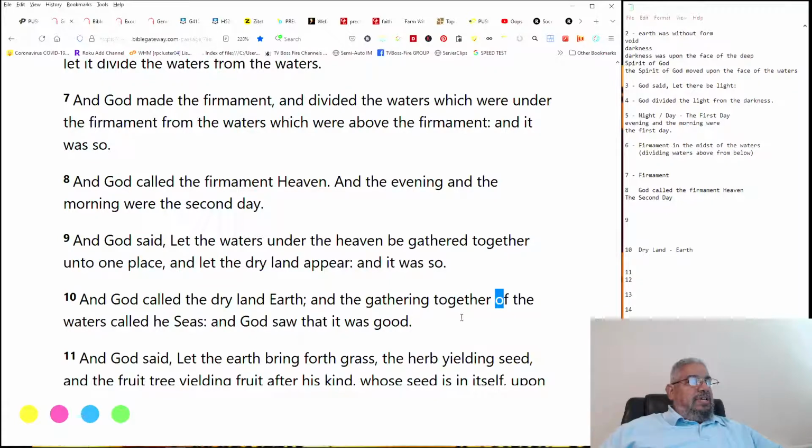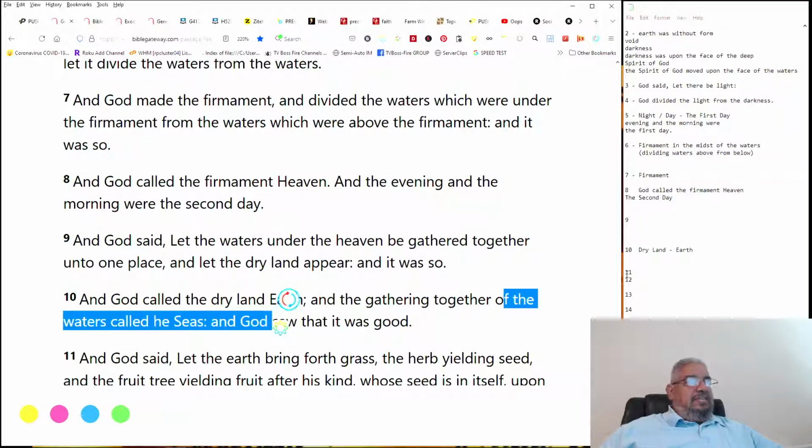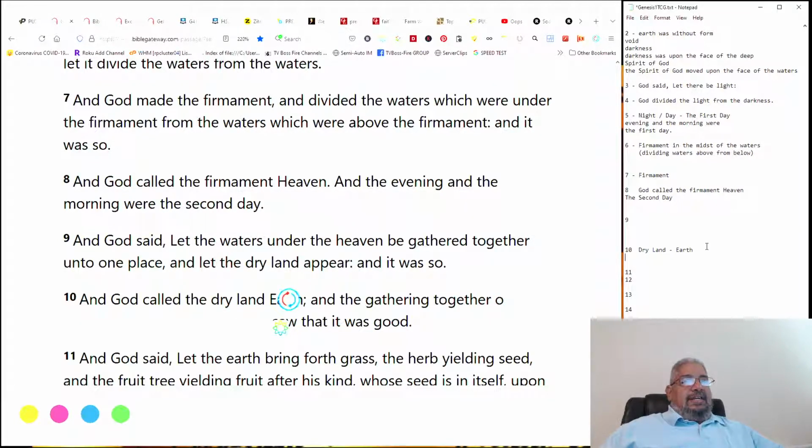And the gathering together of the waters called he seas. And then the gathering together of waters and called seas. So those are two cards there, the land and the sea card. And then for 9, we have the gathering together of the waters, because that was the action.